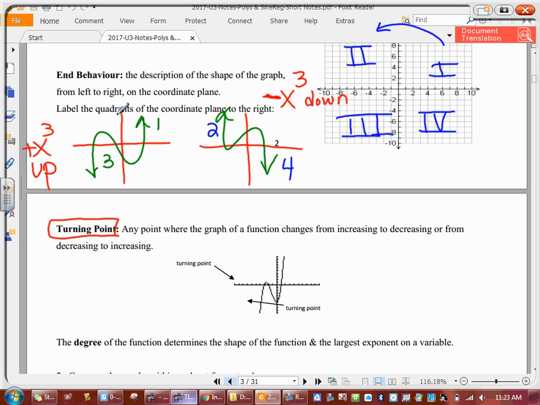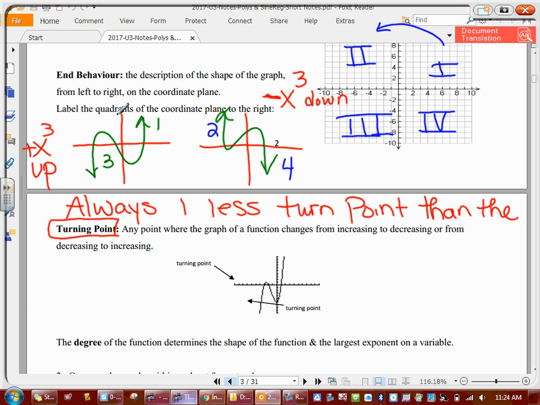There's always one less turning point than the degree. So a degree 3 for cubic, maximum times it can change directions is 1 less. So 1 less than 3 is 2. So the maximum times it can change directions is 2. Well, what about x squared? The degree is 2. Maximum times it can change directions is 1. Okay, it's always 1 less. And we will look at a few examples of that in a moment.